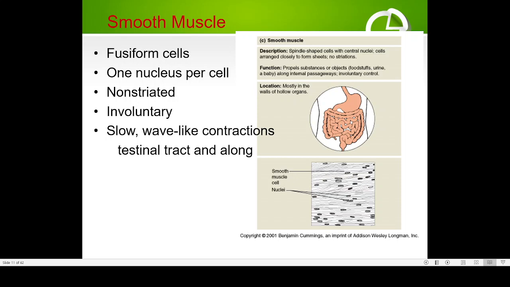And that slow wave-like contraction is known by the name peristalsis. See, this is the esophagus, and when the food is passing through the esophagus, there is a small gentle wave-like pattern of contraction. That wave-like pattern of contraction is known as peristalsis.